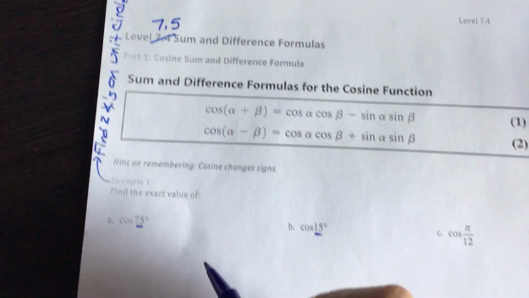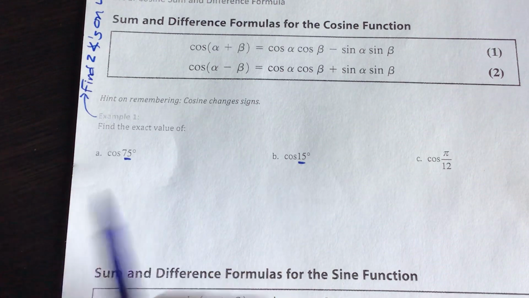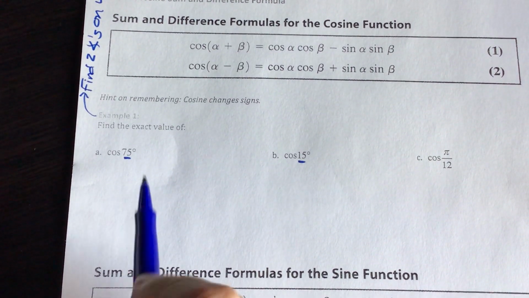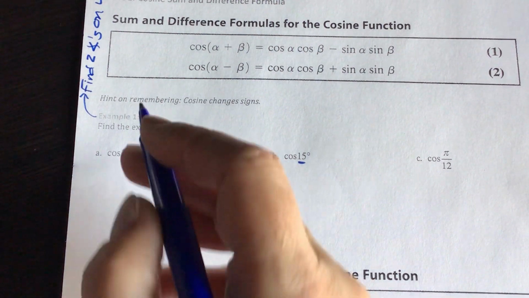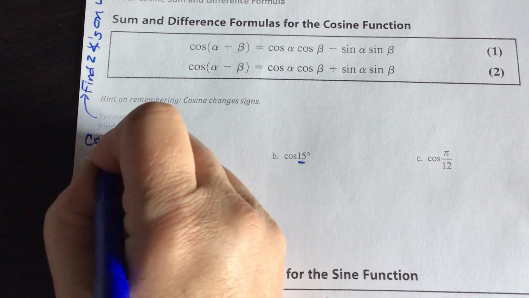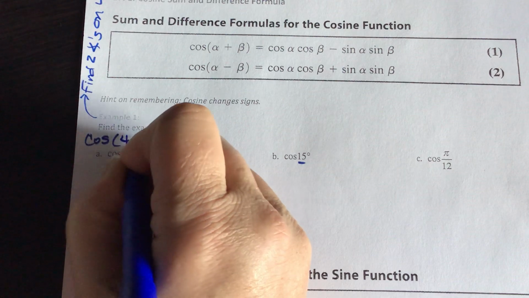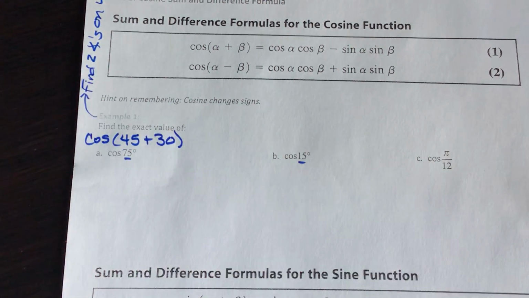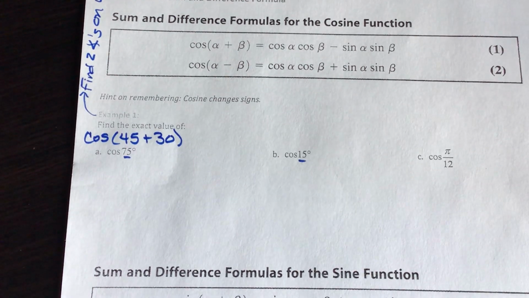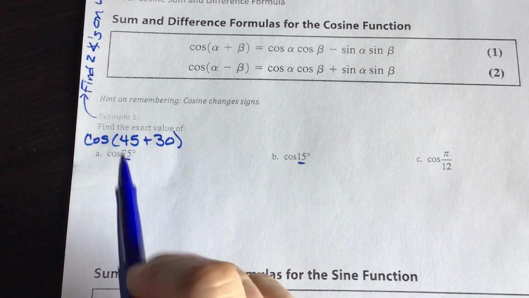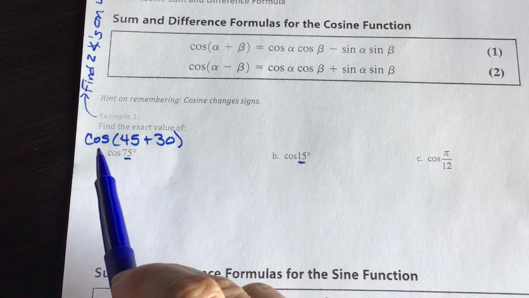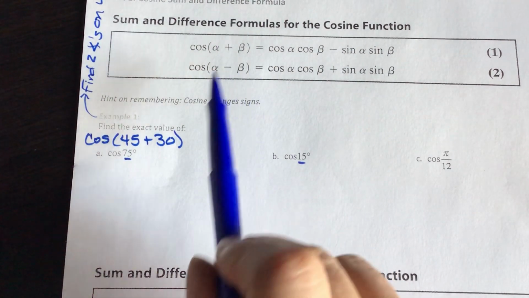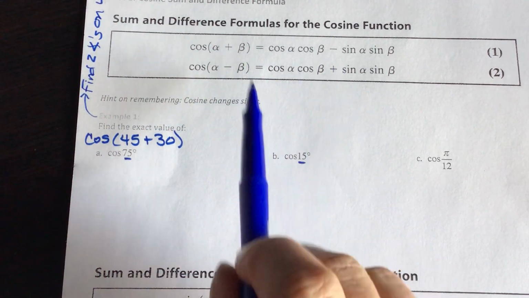If I'm looking at cosine of 75, two angles that can either add or subtract to be 75, how about cosine of 45 plus 30? Both of those angles are on the unit circle. So by using the sum of cosine formula, we are going to calculate those values.